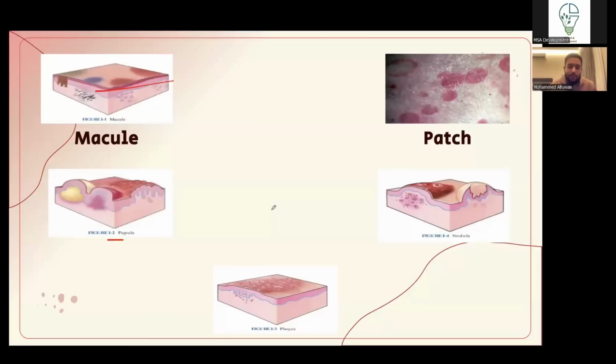Papule. If it's more than 5, it's called this thing. Not plaque, nodule. If it's a bunch of papules together, it's called plaque. So remember this. If it's flat, less than 5, macule. Flat, more than 5, patch. Raised, less than 5, papule. Raised, more than 5, nodule. A bunch of papules together is a plaque. Does that make sense?